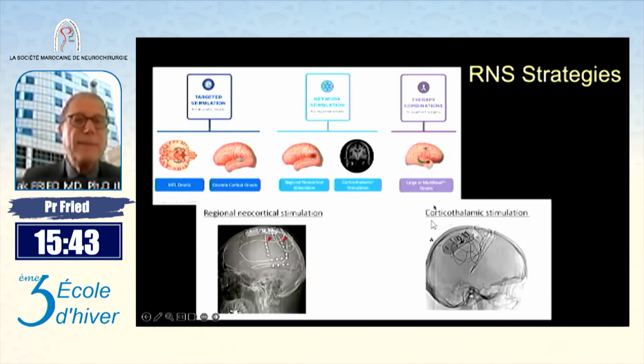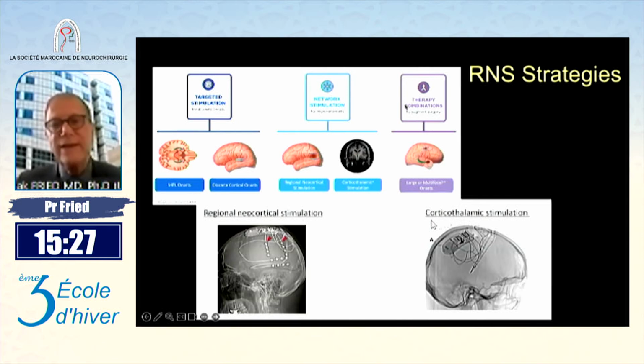And the approach is that you can have targeted stimulation to a certain area when there is a clear focus, either 1 or 2, or you can try and modify the network in bigger areas.